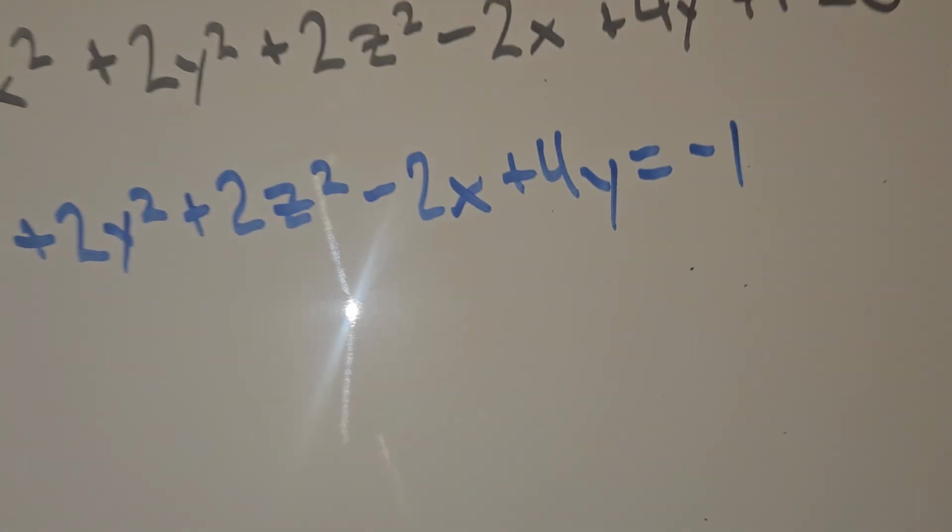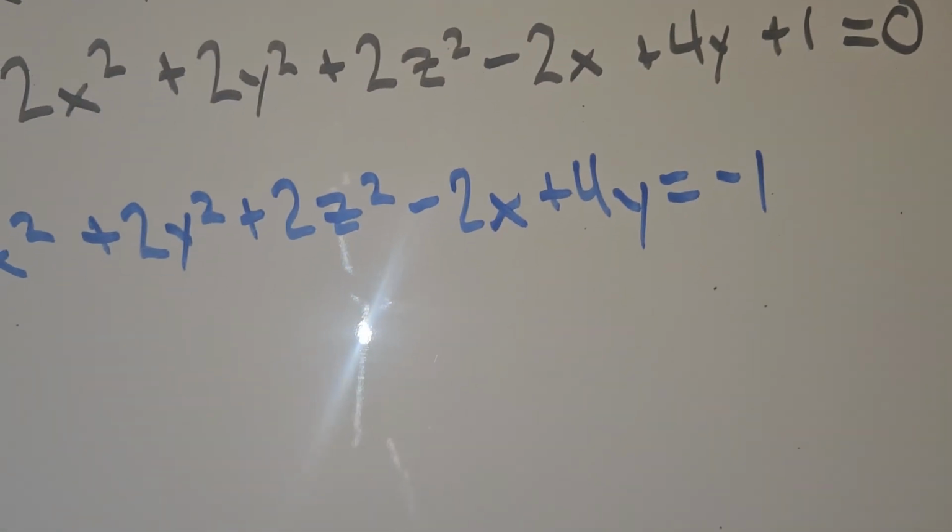So we're gonna have 2x squared plus 2y squared plus 2z squared minus 2x plus 4y equals negative 1. Right, we just moved the 1 to that side.